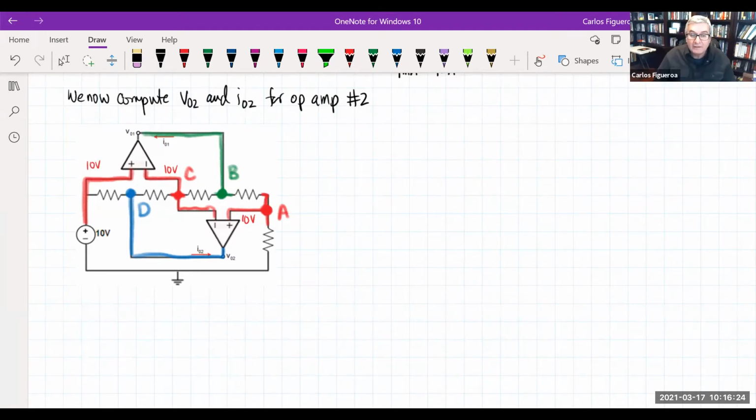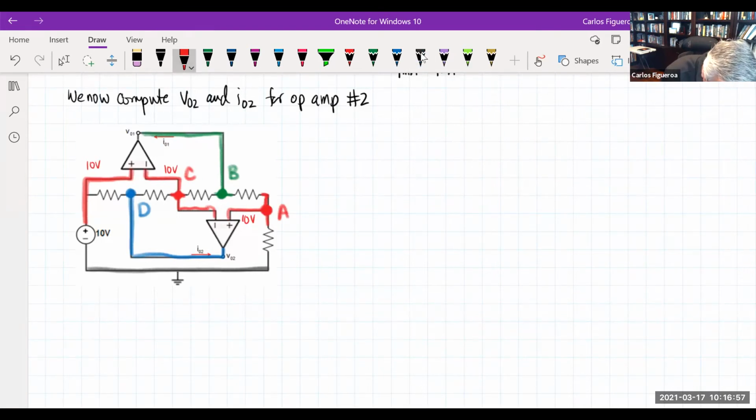So I need to go back and see. What I'm trying to do here is focus on node 2. And by the way, there's another node, this one right here, which is of course the ground. The first thing I note is that there's no current along these branches in here.